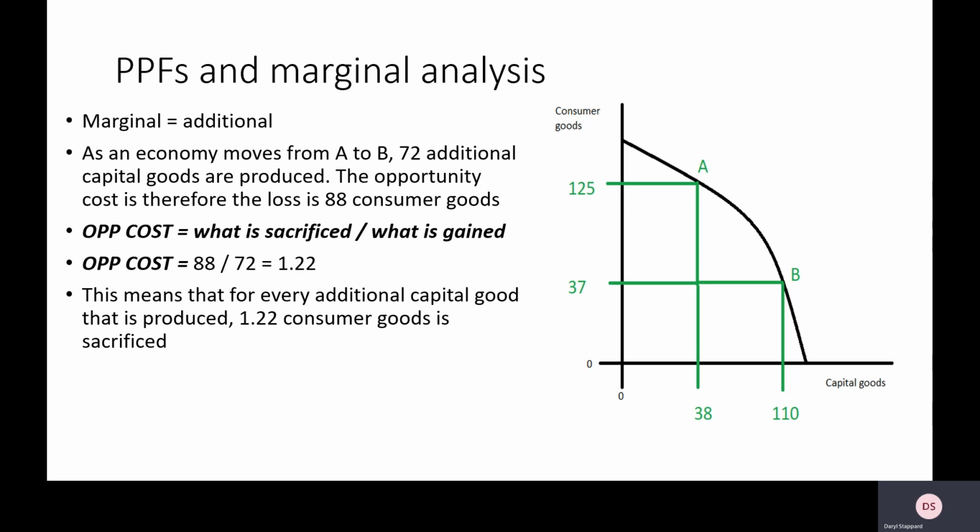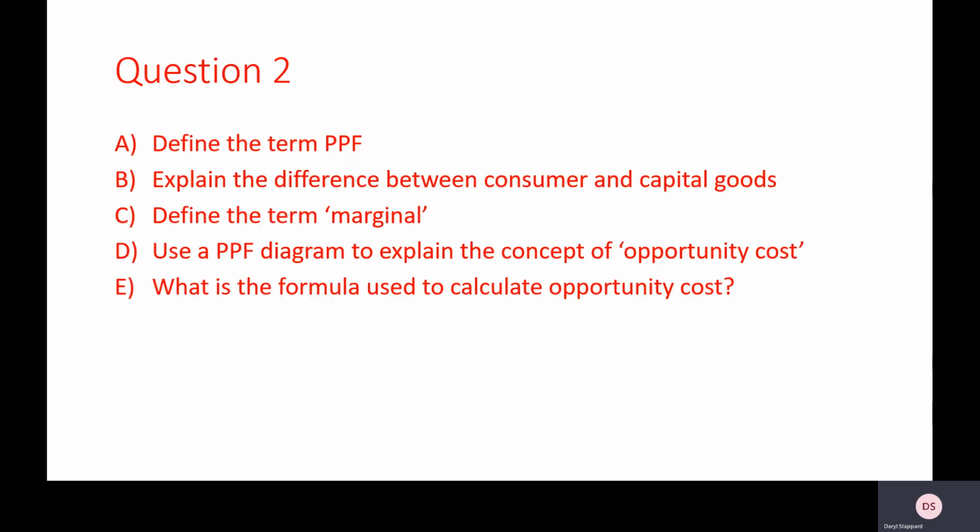So the formula this time would be from B to A, we sacrifice this time 72 capital goods to gain 88 consumer goods. So this time the formula would be the reverse, 72 divided by 88 to work out the opportunity cost. Okay, so it's a really, really good, effective, simple diagram to work out opportunity costs.